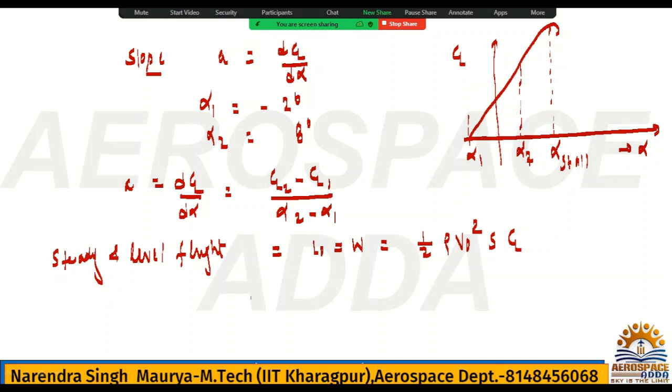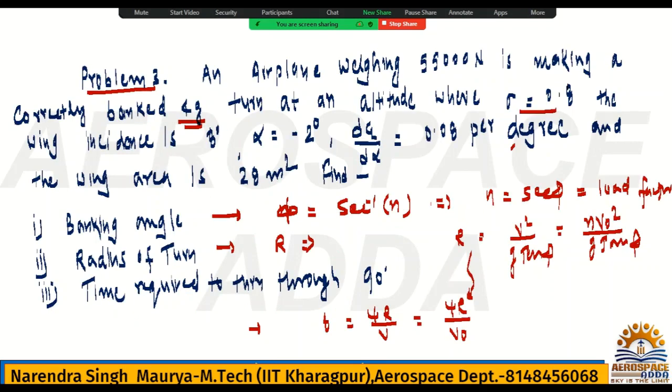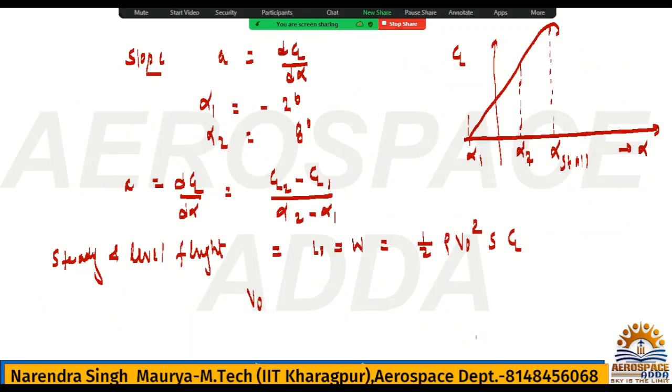If you want velocity, because in the radius of turn formula and the time required to turn you get a velocity term, what will the velocity be? Velocity will be the square root of 2W divided by rho S into CL.